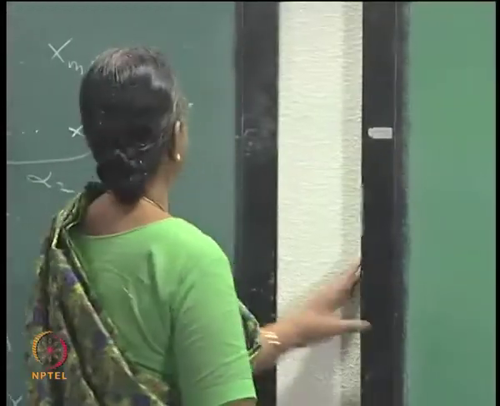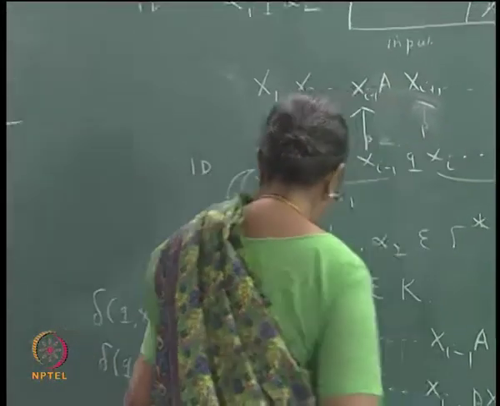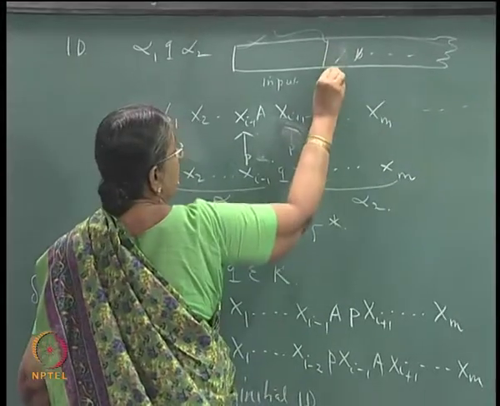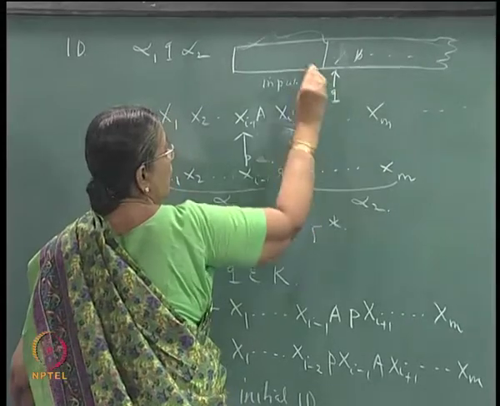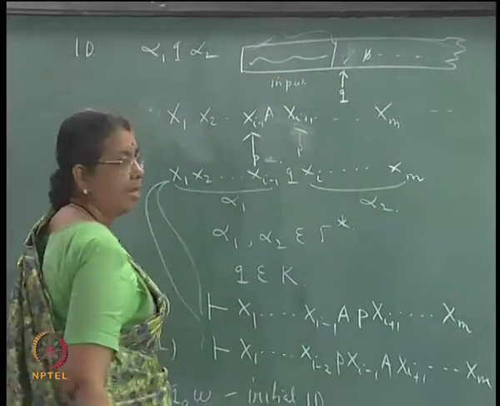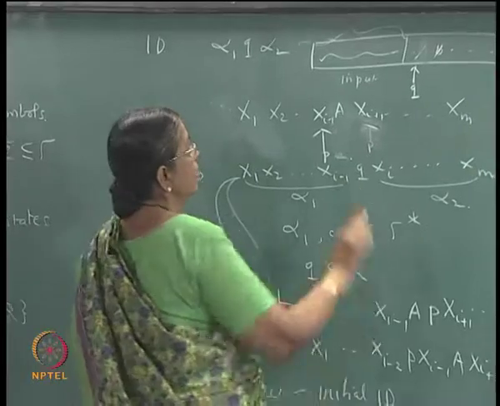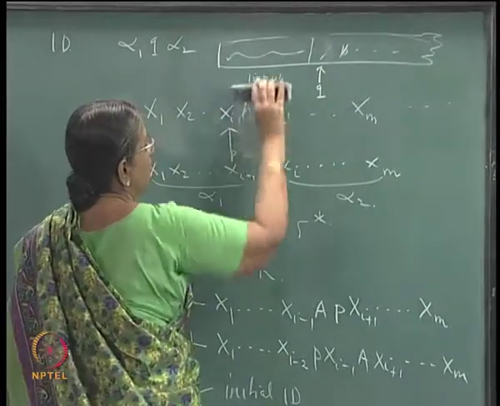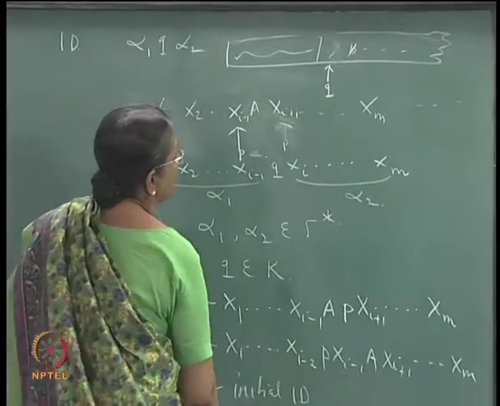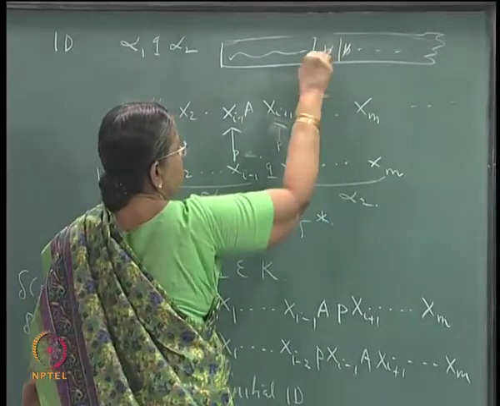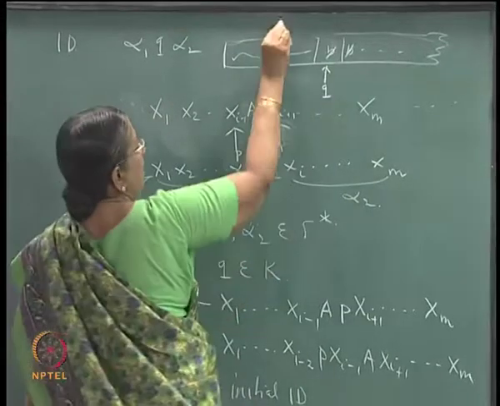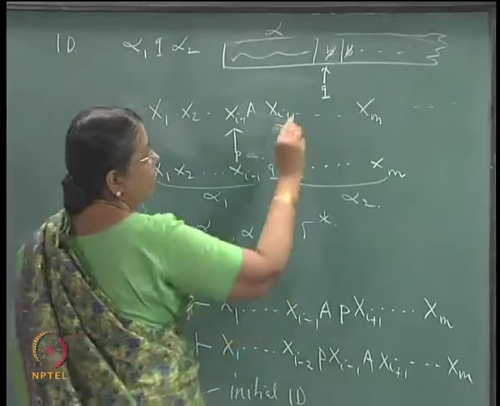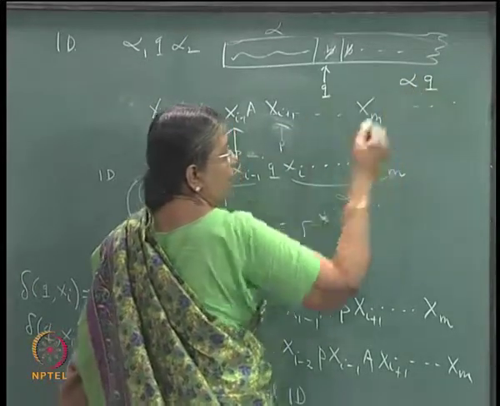So, if it is reading this, it can read this symbol, it can read here. Suppose it is here in state q, this is the non-blank portion, say some alpha. Initially what is given is the input, after some time some non-blank portion is there, and the first blank symbol it is reading in q, this is alpha say, then the ID will be alpha q.